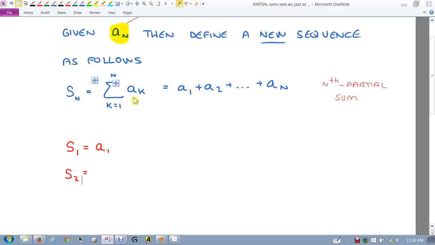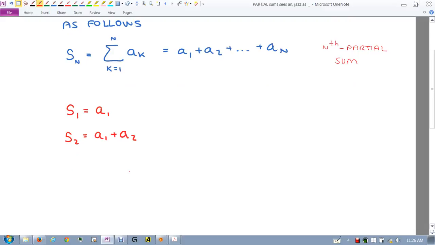And I add up, right, a sub 1 plus a sub 2. Understand what's happening here? The third partial sum would be a sub 1 plus a sub 2 plus a sub 3.